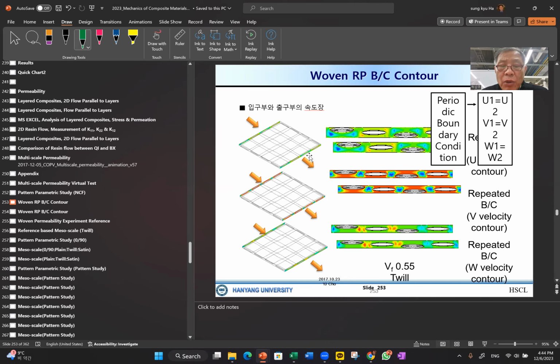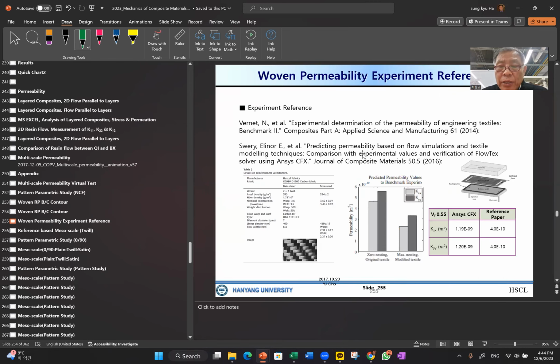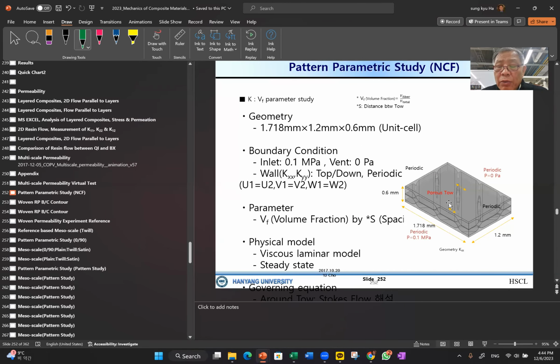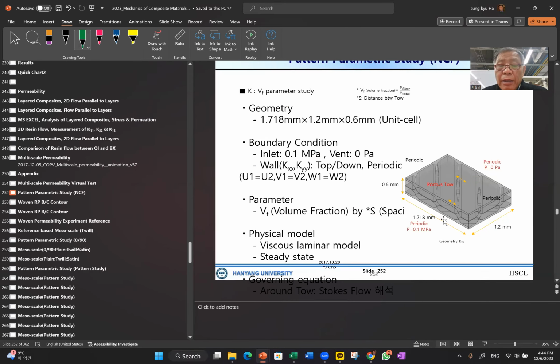Let's say the tow and fiber will have a certain level of resin flow, so we can start to study this.